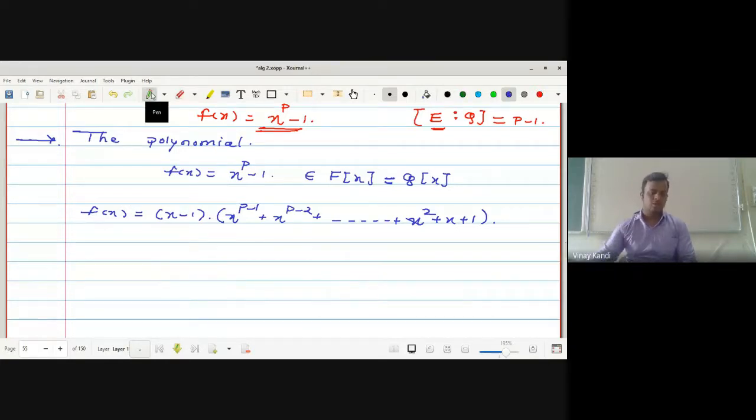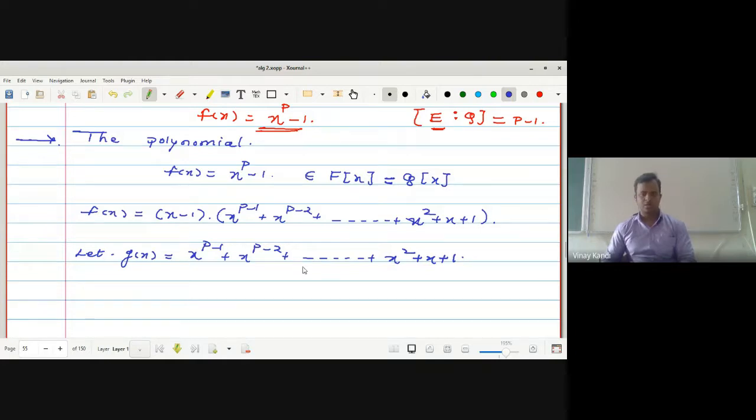Now let g of x be x raised to P minus 1 plus x raised to P minus 2 plus, and so on, x square plus x plus 1. What is one root of this f of x? x is equal to 1 is one root of this polynomial f of x.